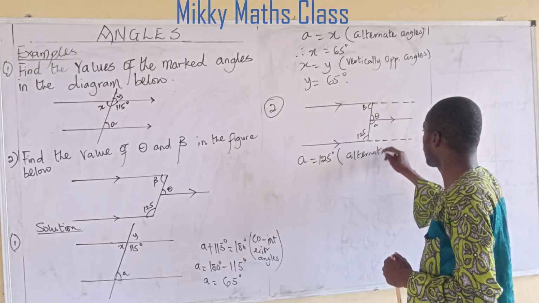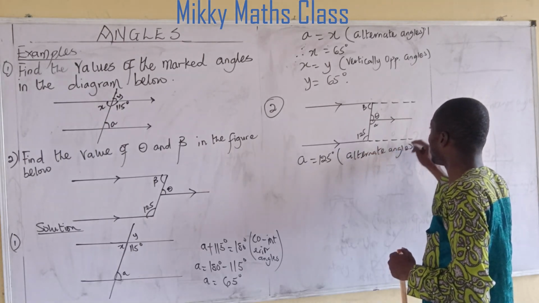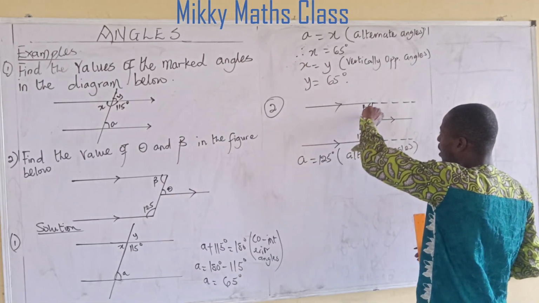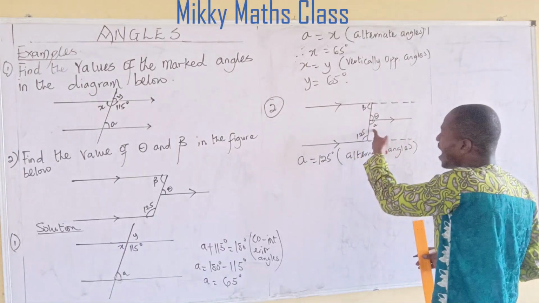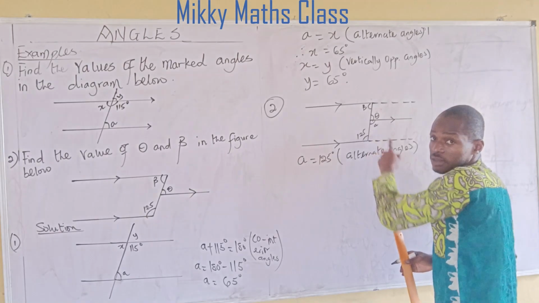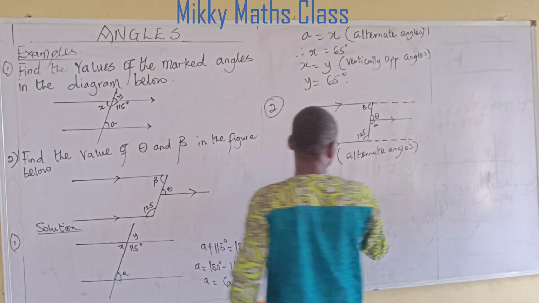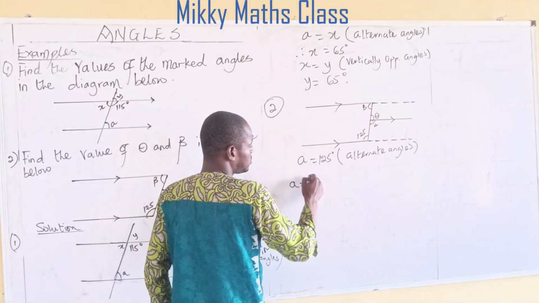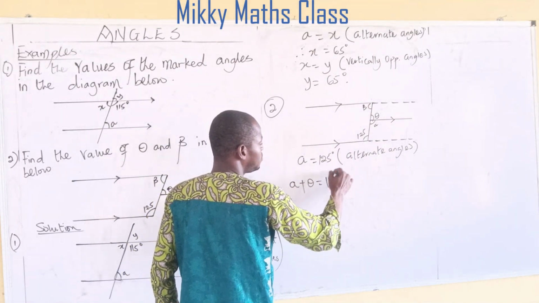Alternate angle. Now, if my A is 125, my theta lies on a straight line with A. They are neighbors. So A plus theta equals 180 degrees.